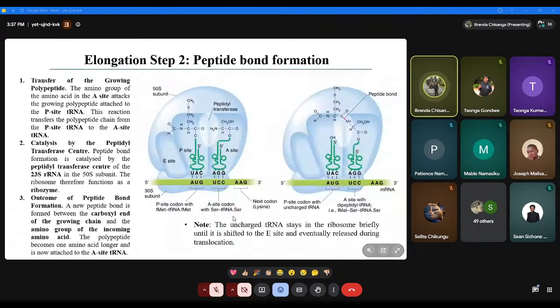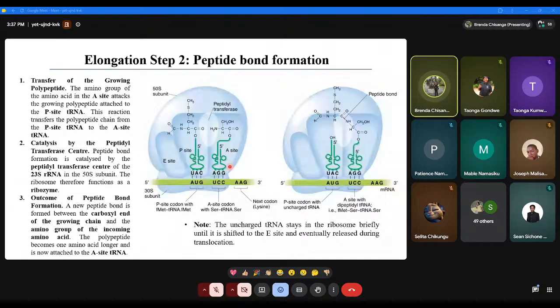I want us to look at the next step, which is now the peptide bond formation. Remember, up to this point, if I draw your attention to this figure, you have your AUG positioned in the P site. Here, the exit site is empty. You also have your formylmethionine, the fMet, carrying methionine, which corresponds to this AUG codon.